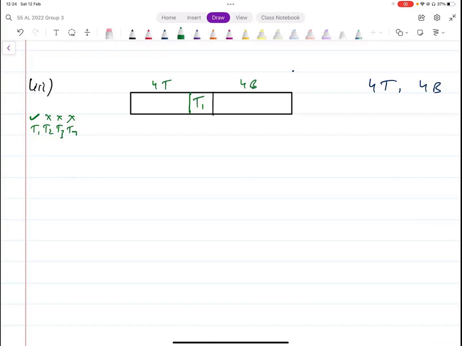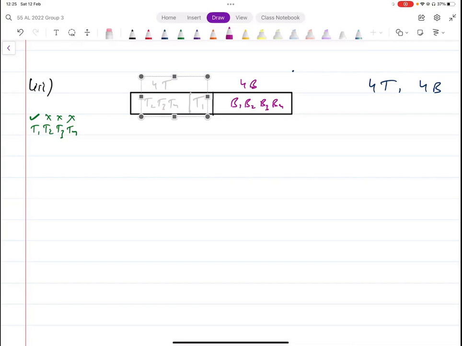How many people are we left with here? You could have T2, T3, T4 here, and you have B1, B2, B3, B4 here. Is that okay? How many arrangements do we have now? Let me actually get a different color here and a different color here.